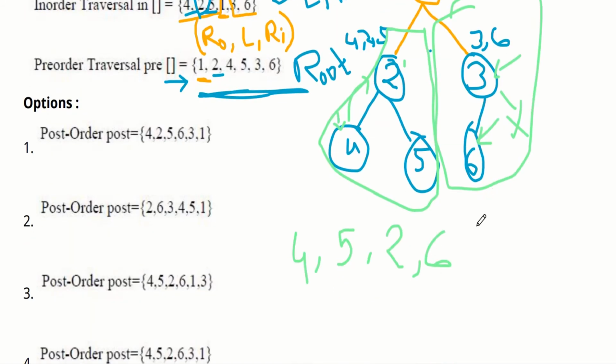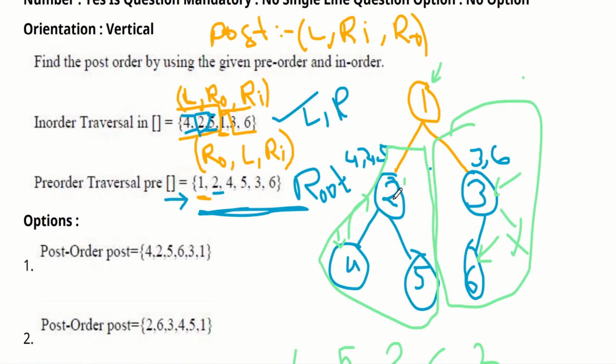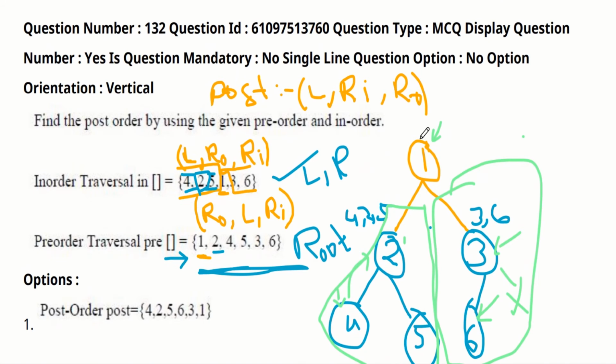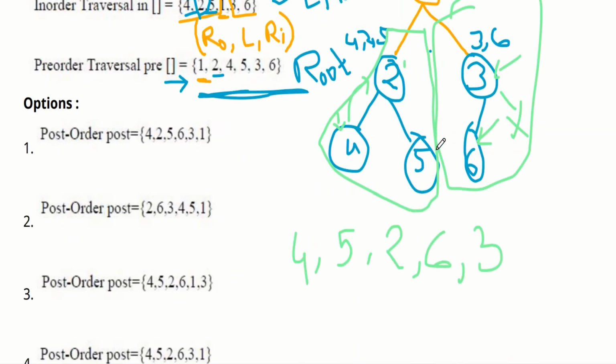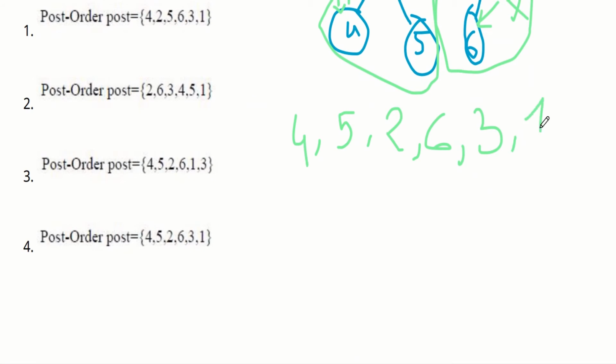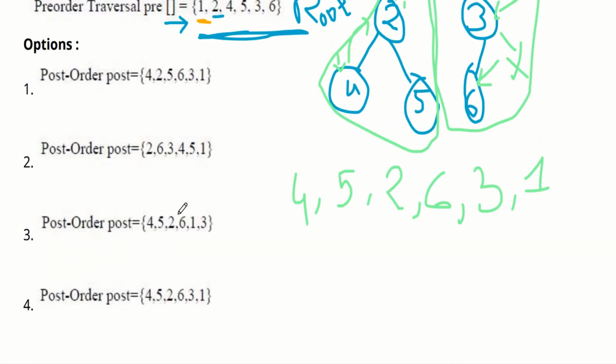Root node is 3. 3 gets printed. And next we have finished the left node and right node. Now we go to the root node. Root node is the final node in post-order. So root node is 1. So 1 gets printed. Now let's check it with the options.